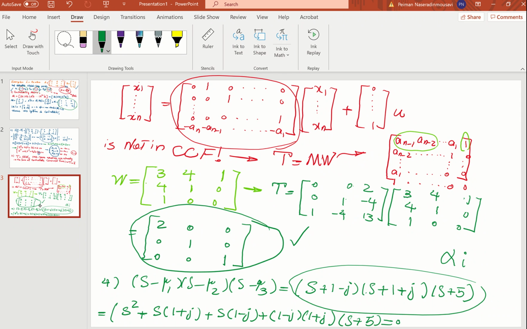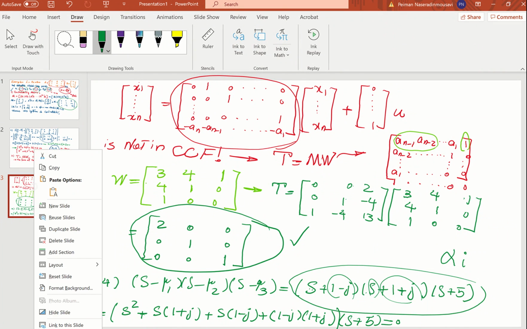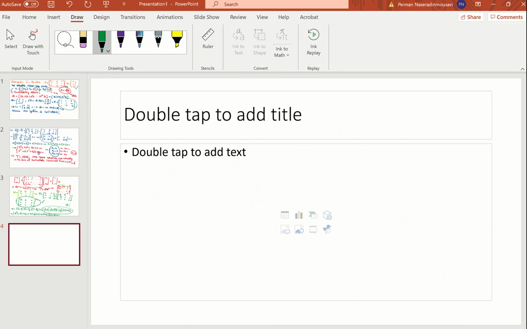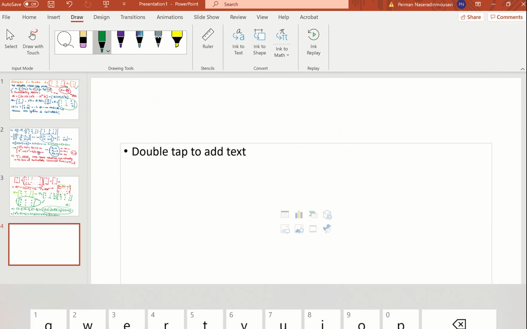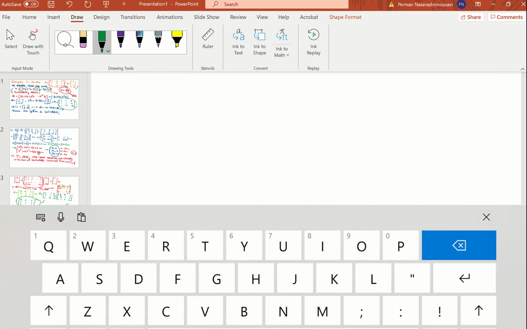See, s squared, s in this plus s in this, and these two together. So what's the result of that?